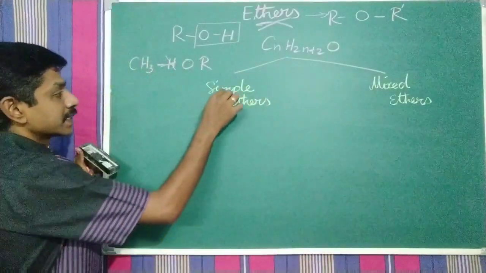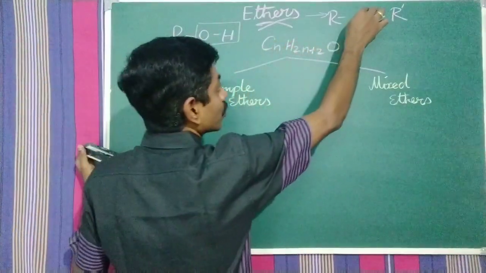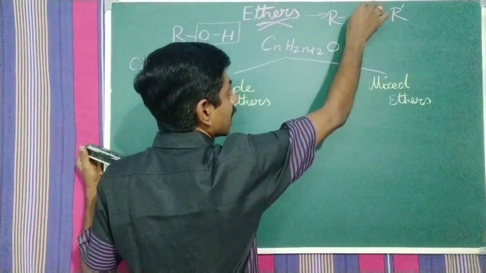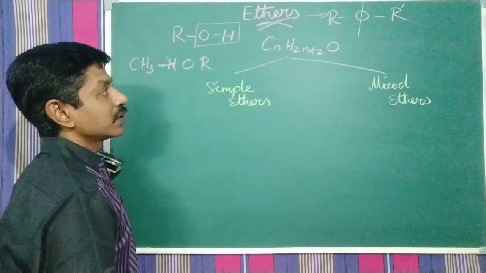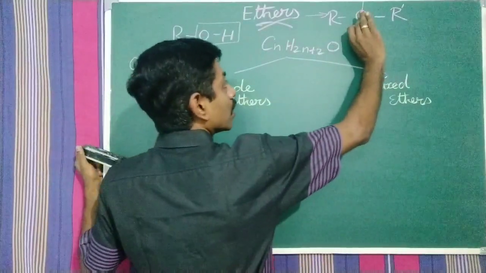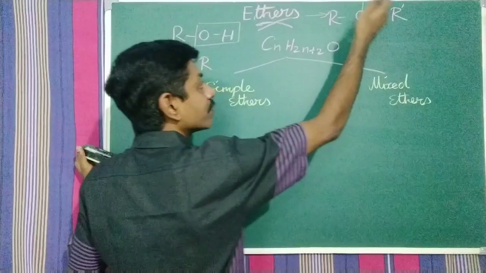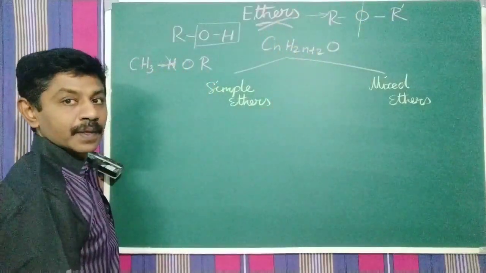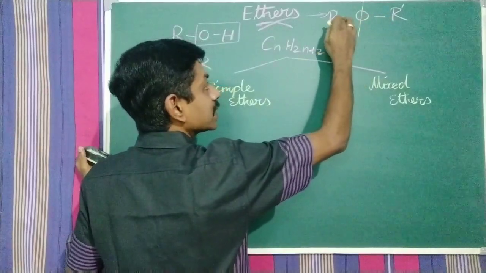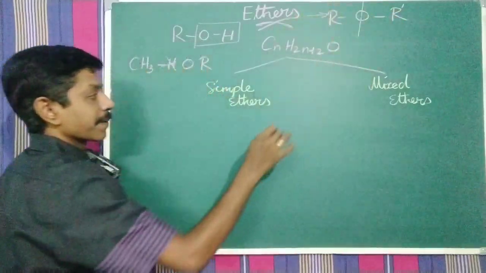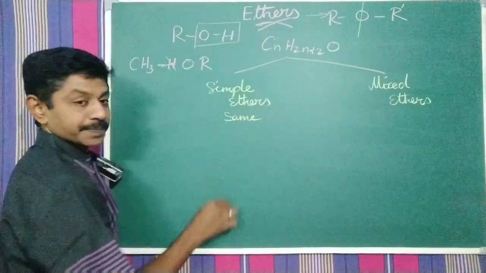Simple ether means ether as a functional group, O. If you look at the ether compound, the general formula, the ethereal oxygen atom is attached to two alkyl groups on either side. If both the alkyl groups attached are the same, that is R and R dash are the same, then we talk about simple ethers.